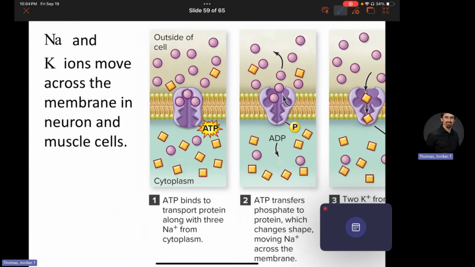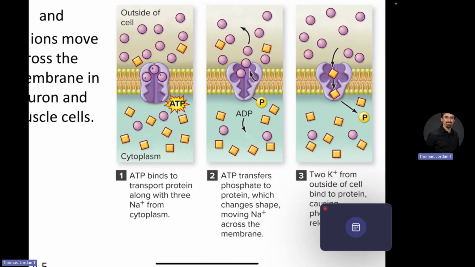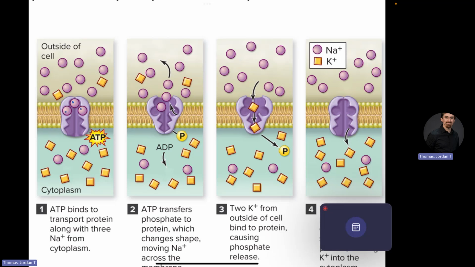In step one, ATP binds to the transport protein along with 3 sodiums. So those circles are sodium. ATP binds, ATP transfers phosphate to a protein, which changes the shape of the protein, moving sodium across. So we go from pointing down to pointing up, and the sodium is going out.